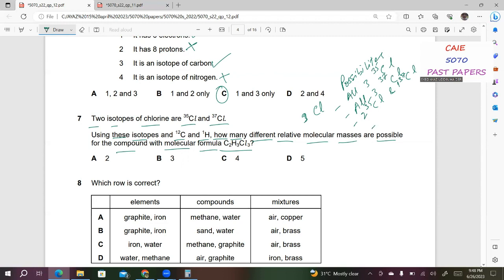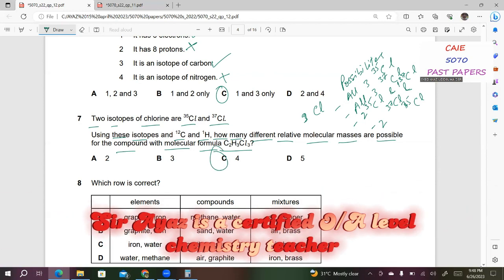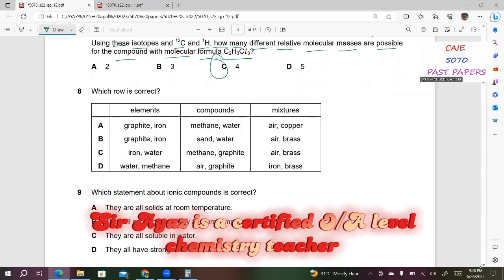And the last possibility, 2 will be chlorine 37 and 1 chlorine 35. So there will be 4 possibilities for this one. C will be the right answer for this one.